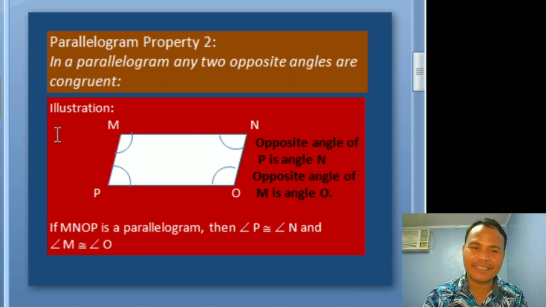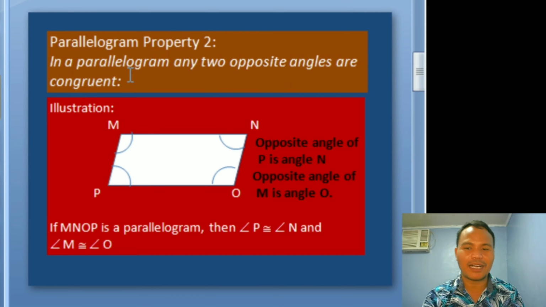So the next topic is parallelogram property number 2. It states that in a parallelogram, any two opposite angles are congruent. So here's our illustration. In our figure, we have four angles.